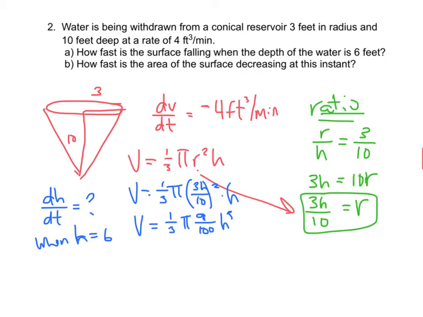I can divide the 3 in the bottom into this 9, and I'd be left with volume is equal to 3 over 100 pi h to the third. That's my volume formula in terms of height.